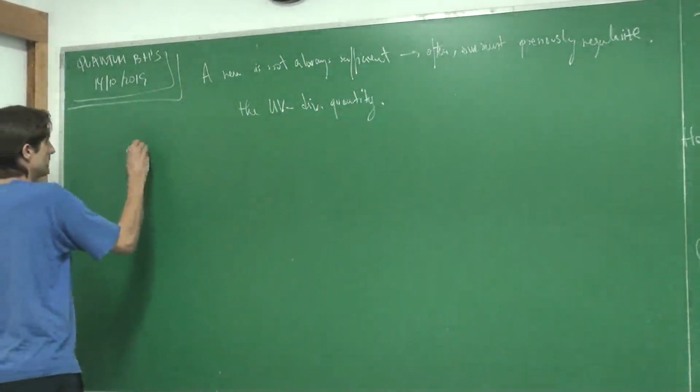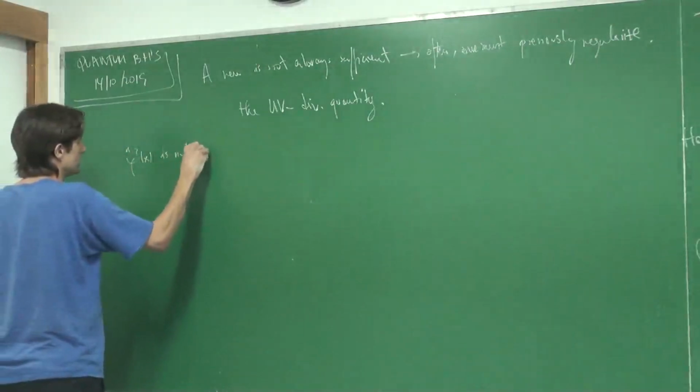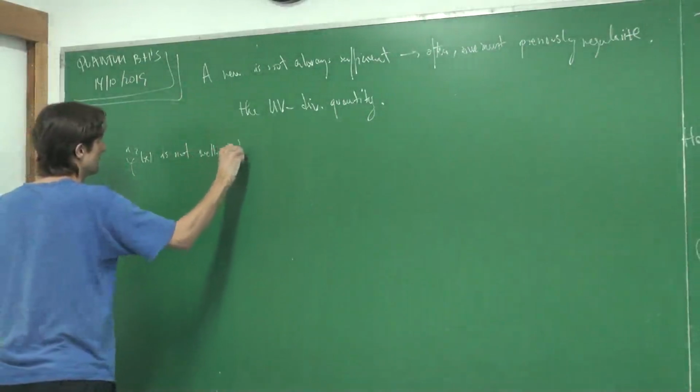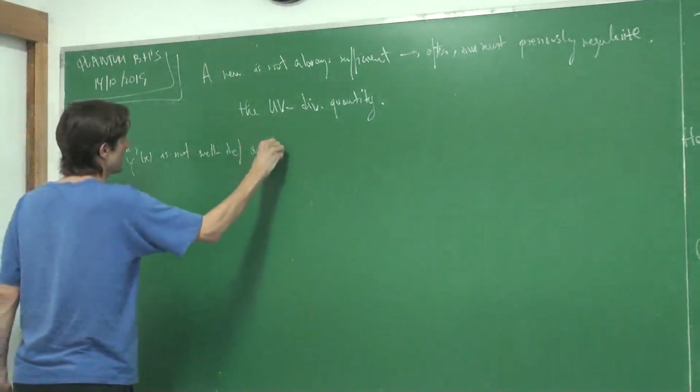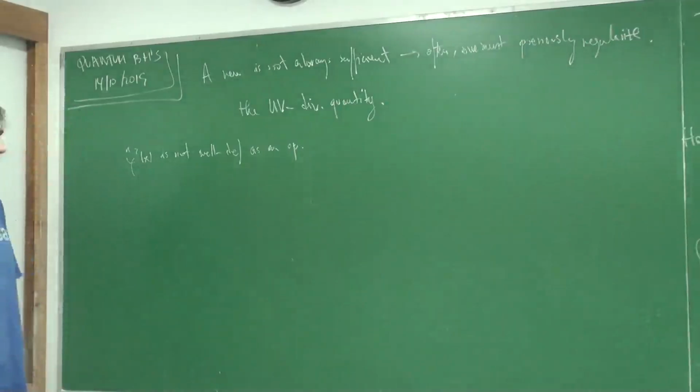So phi squared is not well defined as an operator, or even as an operator-valued distribution.